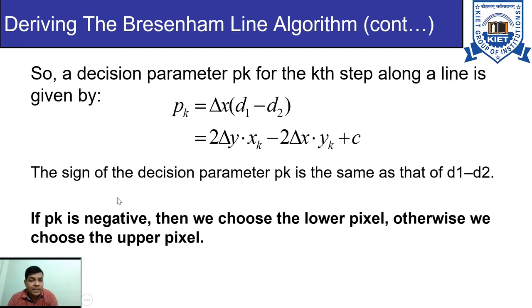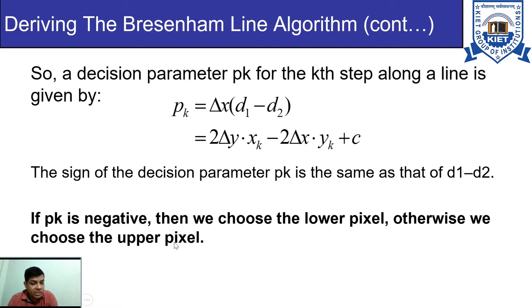Now we are checking the sign of pk. The sign of the decision parameter pk is the same as that of d1 minus d2. So here we are taking some decision. If the value of pk is negative, then we choose the lower pixel, which means the pixel at xk plus 1 comma yk.